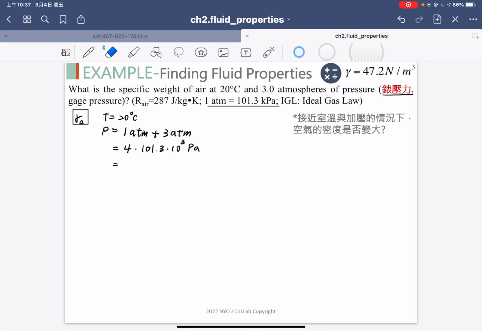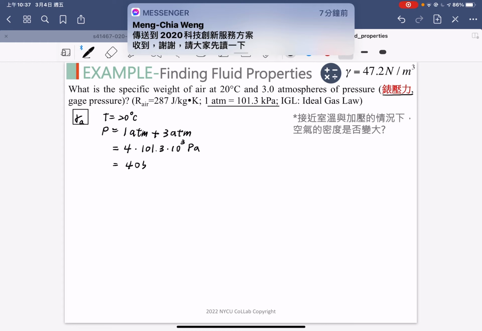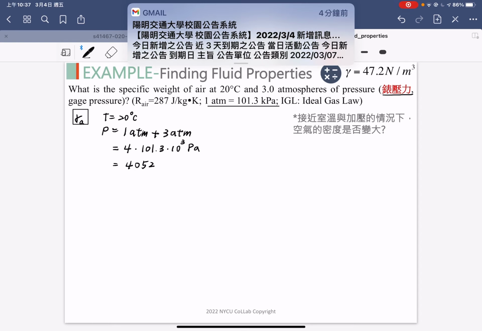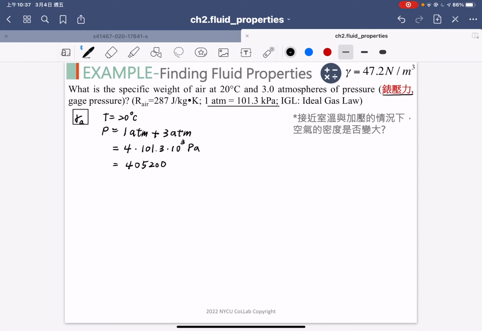So the answer for the pressure is 405,200 Pa, and the pascal unit is actually newtons per meter squared. Okay, I use the dot here.